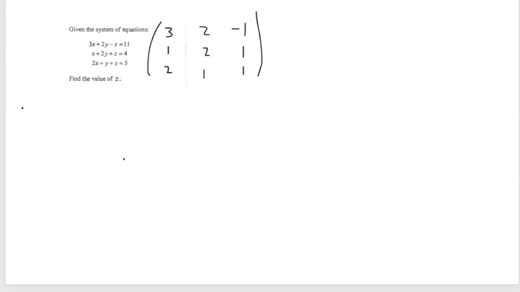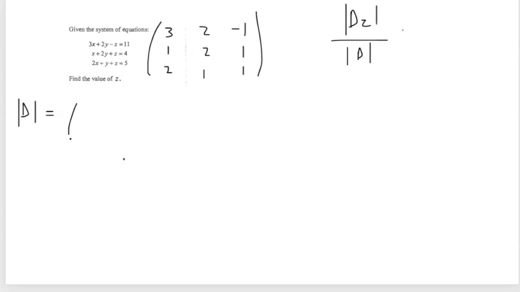So to find z, we need the determinant of z over the original determinant. And the original determinant is just finding the determinant of this matrix that I have.